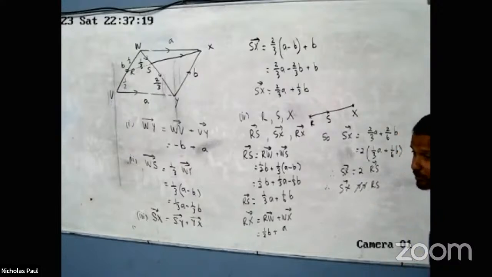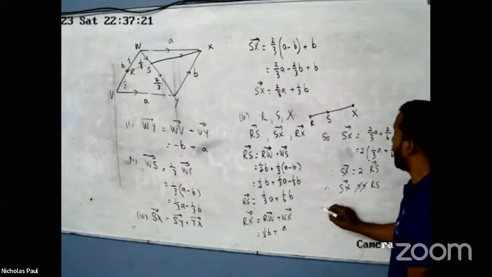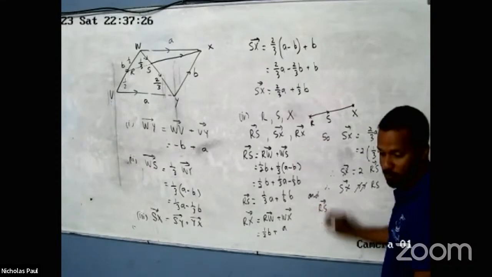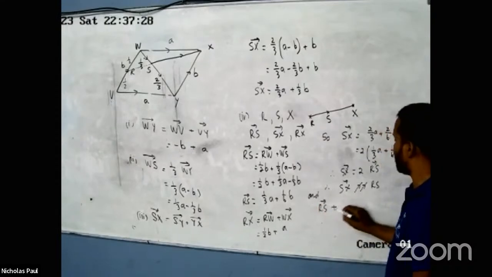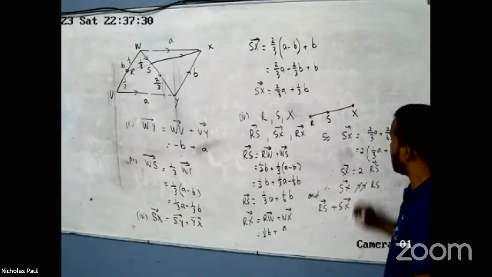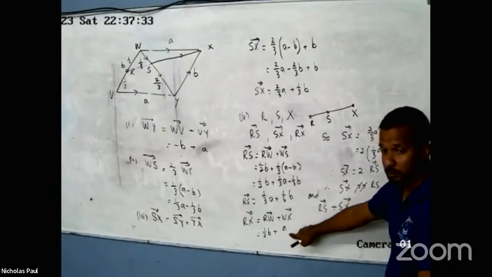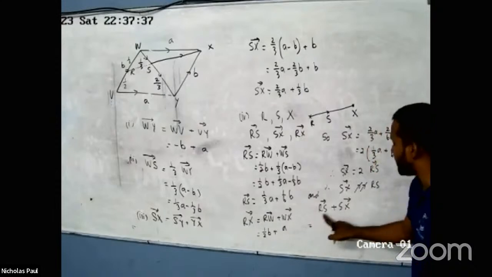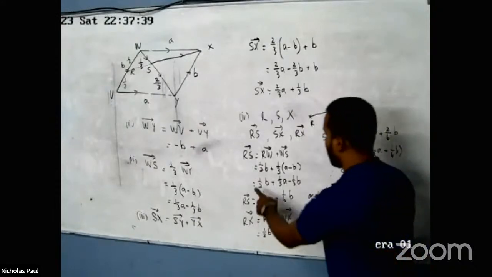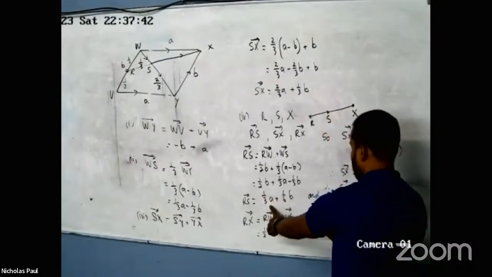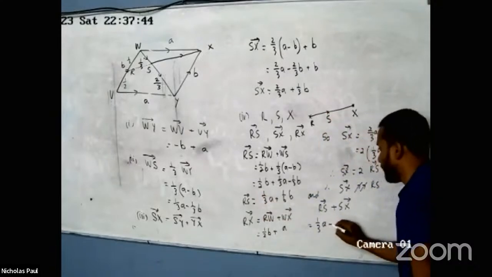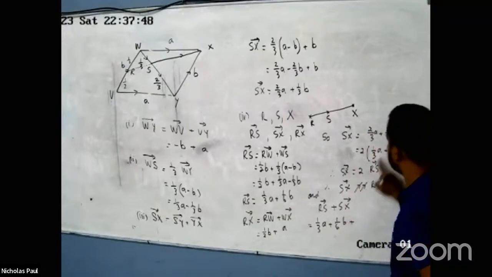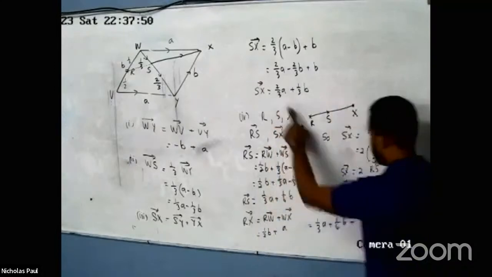Okay, David? What's the last step again? Add up RS and SX. So this is the second thing. We have to show both of them. RS plus SX is supposed to give you RX. So RS is 1/3 A plus 1/6 B. SX is right here.